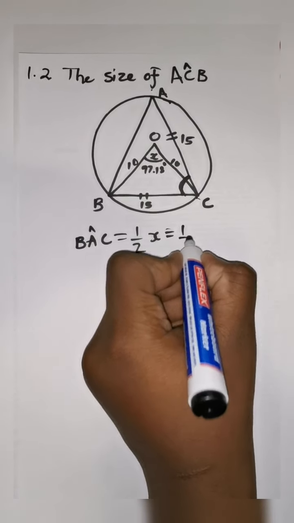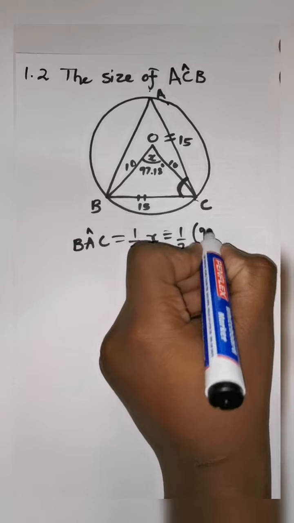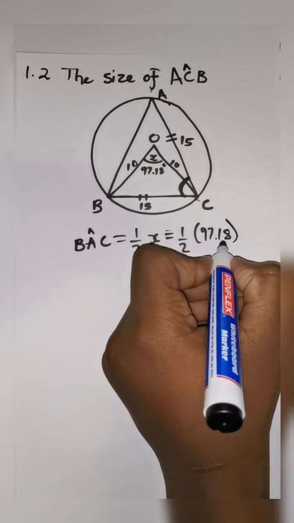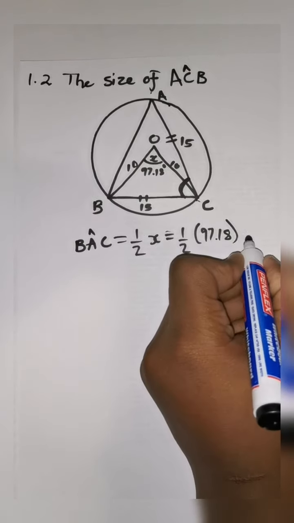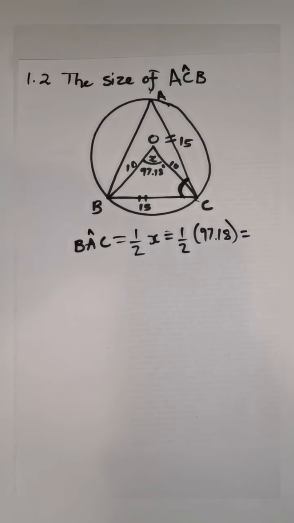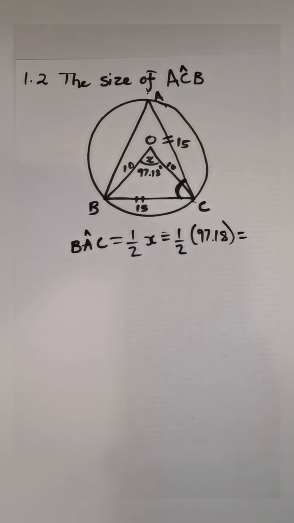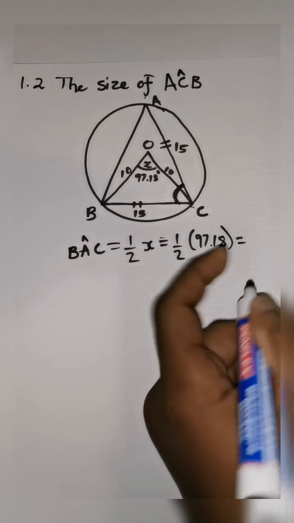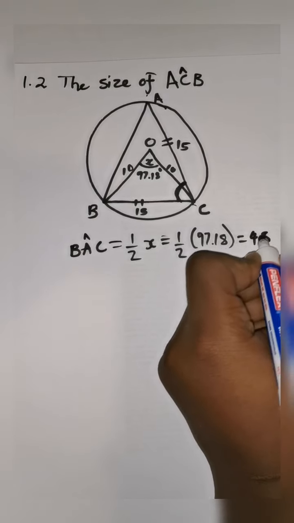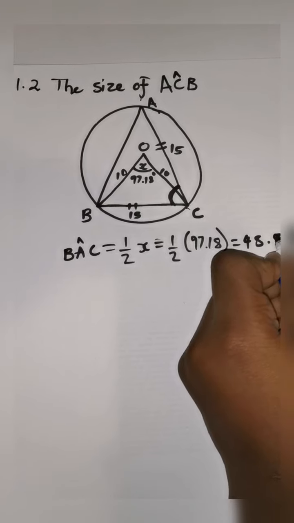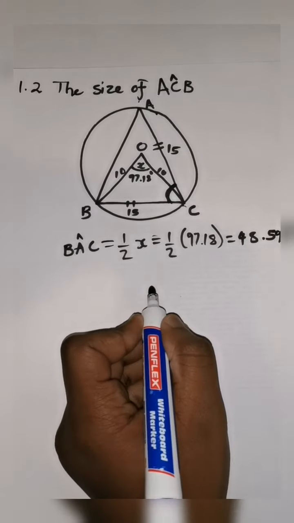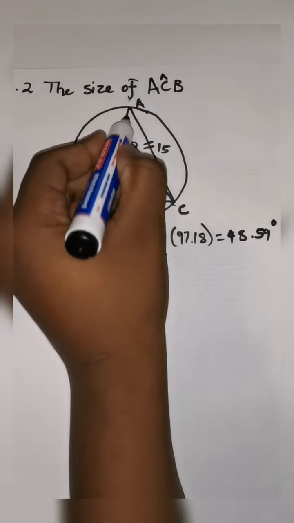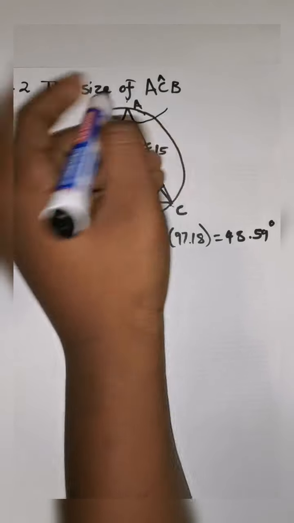So this is half of 97.18. I believe when you put this in the calculator, it gives you 48.59 degrees. Okay, so right now we have this angle right here.